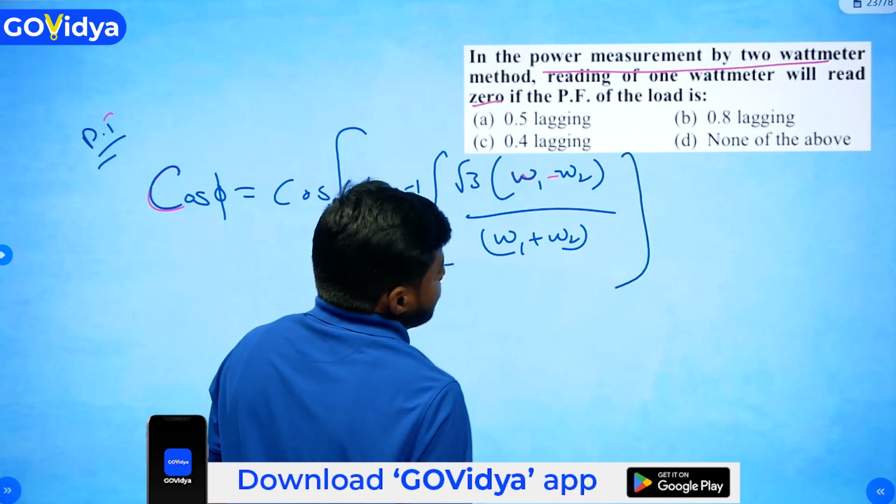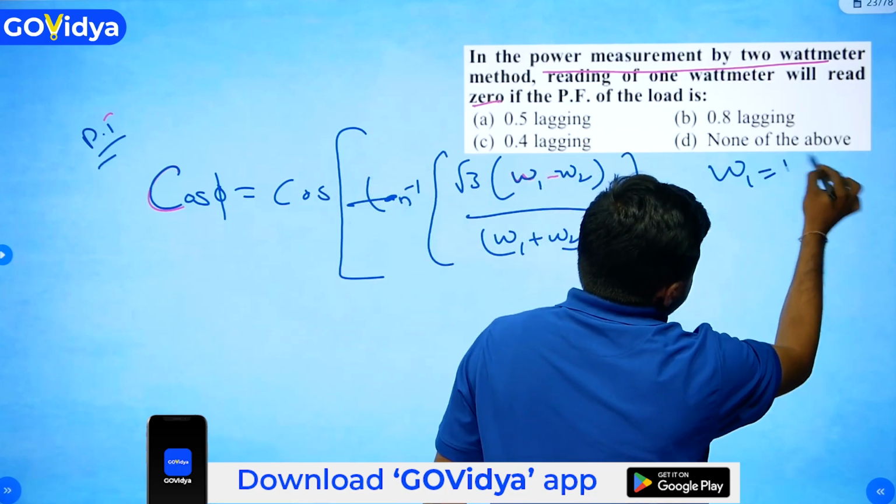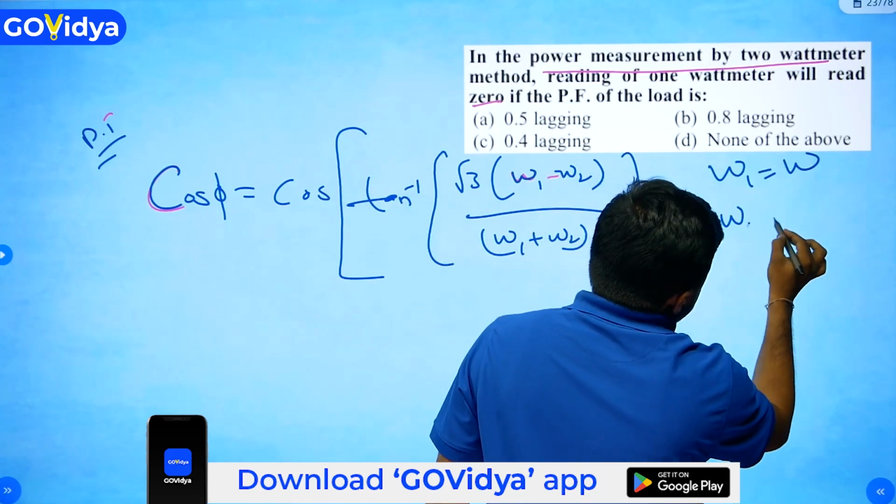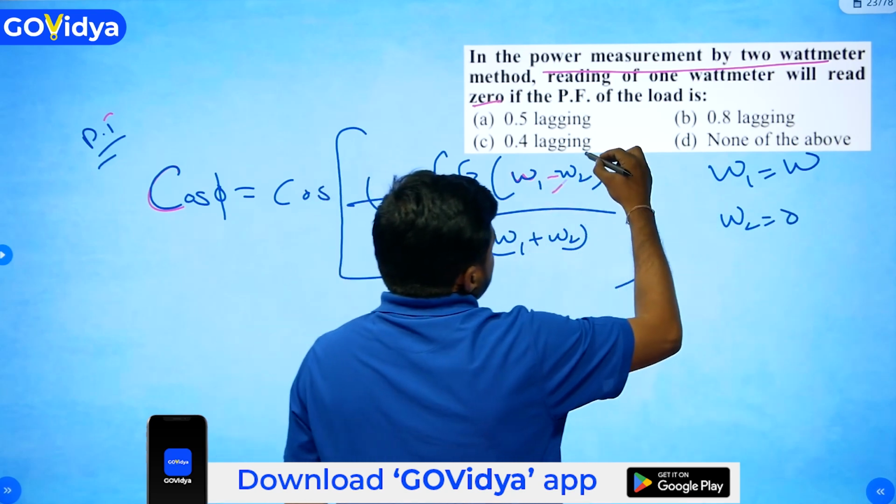Now W1 is equal to the complete reading, and W2 is equal to 0.